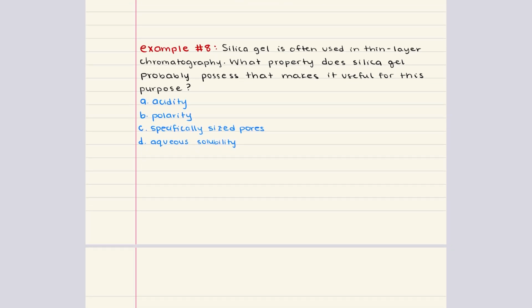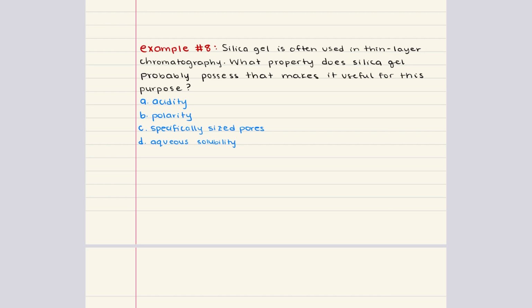Problem 8 says, silica gel is often used in thin layer chromatography. What property does silica gel probably possess that makes it useful for this purpose? Silica gel is the most common stationary phase in thin layer chromatography and in many other forms of chromatography.